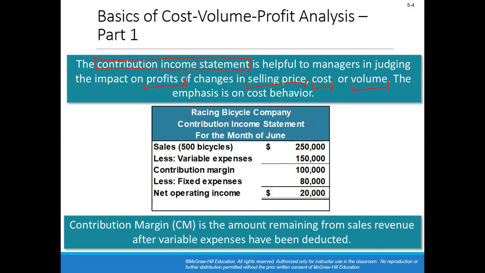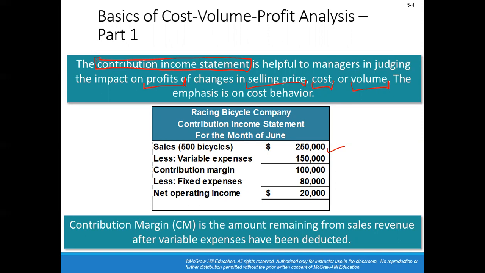So we have a standard contribution income statement of a racing bicycle company. If it sells 500 bicycles, we see that their sales volume is $250,000.